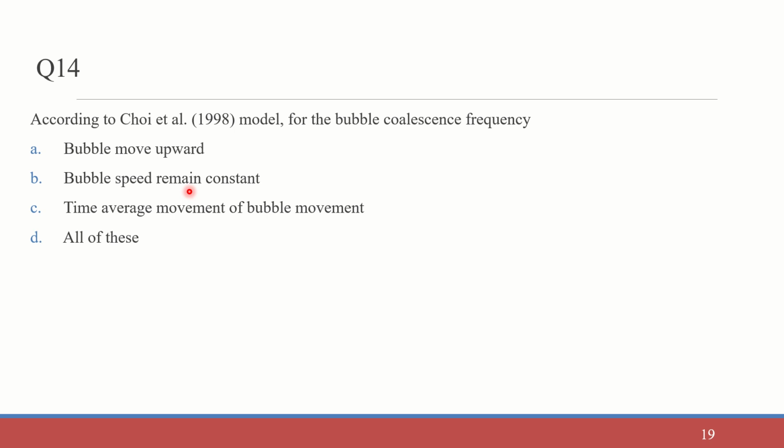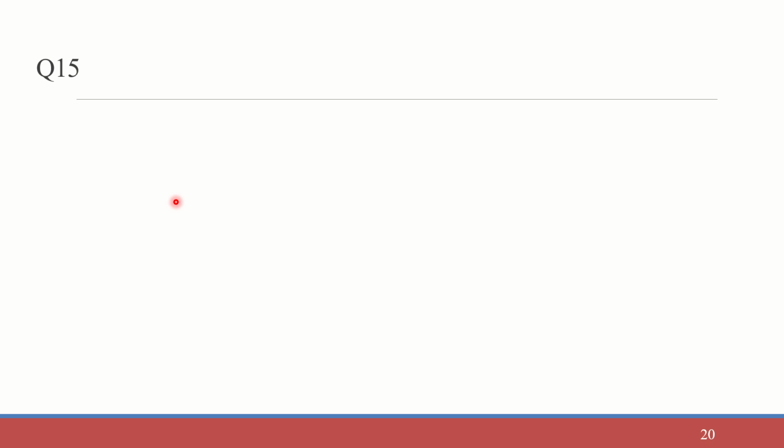From these aspects the bubble coalescence frequency is found out. So the answer is all of these. According to the 1998 model, bubble moves upward, bubble speed remains constant, and time average movement of bubbles is considered. So all of these is the right answer. Now let us go to question 15.